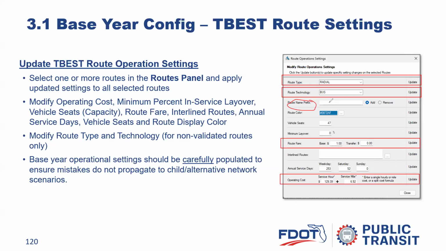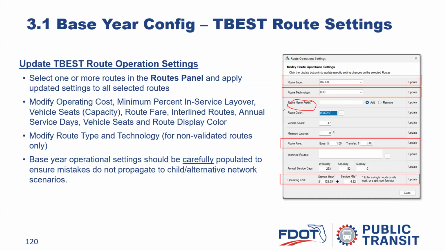One way we distinguish a Route 1 from your system versus another system is to add a prefix to the one that is outside of yours. For example, if you're Broward County Transit and you have a Miami-Dade route that you're connecting with, you might put MDT as a prefix on all the MDT routes so you can see them visually and also query them out if you need to.